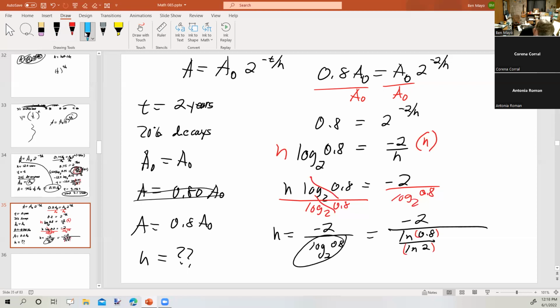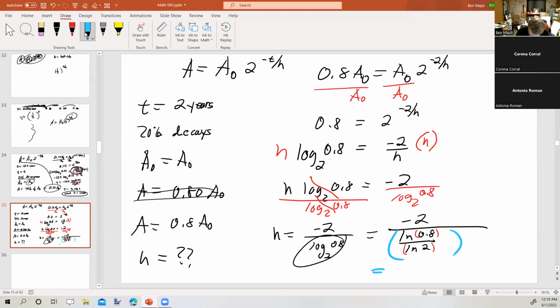Now, I'm also going to need to group this whole thing. So on my calculator, I'm going to go -2 divided by parentheses, and then the natural log of 0.8, close up that set of parentheses, divided by the natural log of 2, close up that parentheses, and then have another right parenthesis.